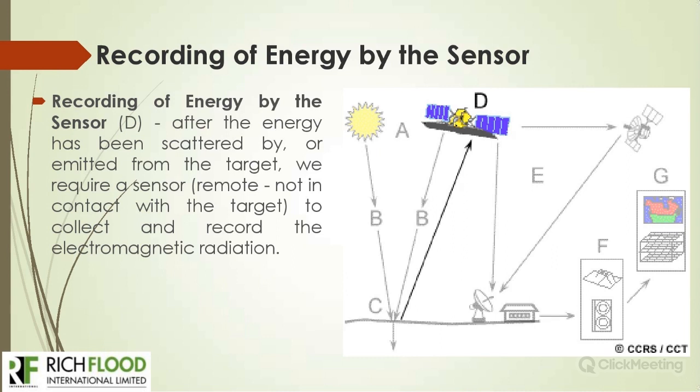And also the altitude at which these sensors are placed. The altitude of the aircraft or your drone flying is not the same as where you have your satellite imaging. And the capability of the sensors also varies depending on what they have been built for.